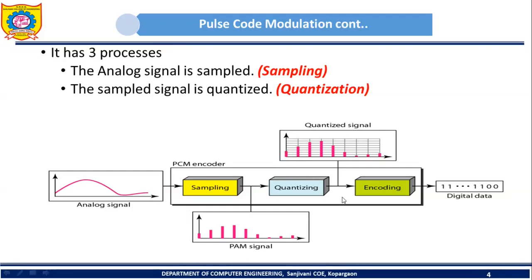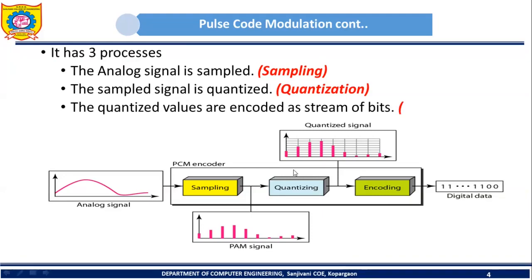Then that quantized signal will be given as input to encoding. In the encoding process, the quantized values are encoded as a stream of bits. This quantized signal will be converted into a series of 1s and 0s. That is nothing but encoding.